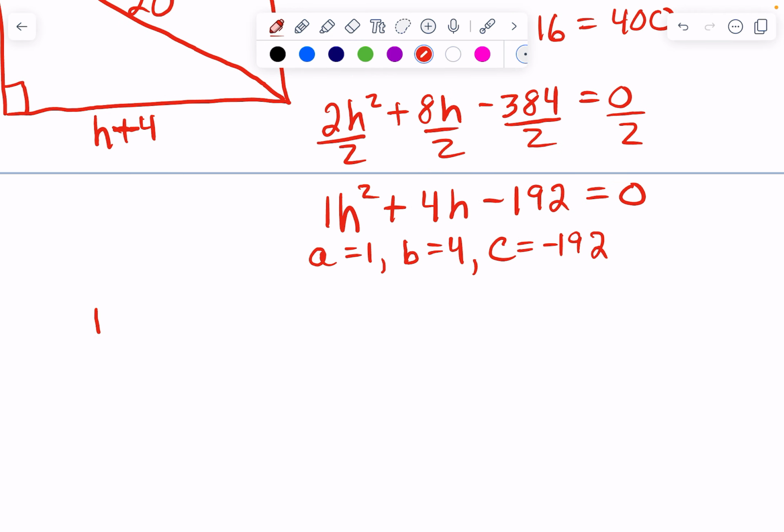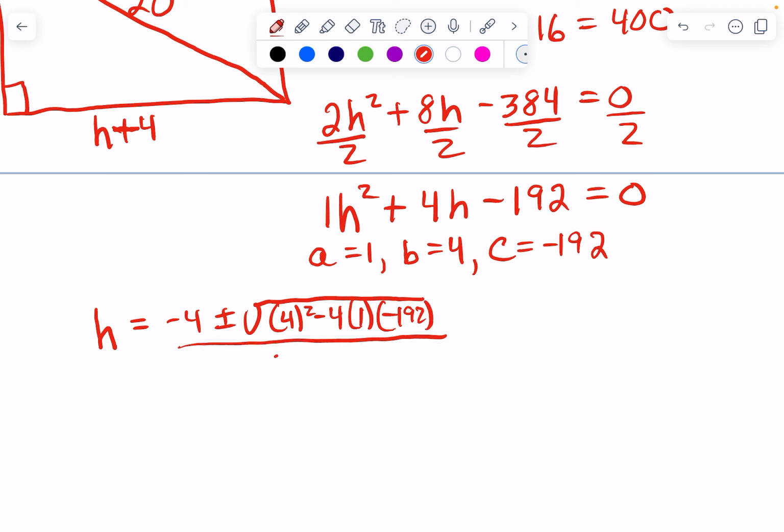So h, which is what I'm looking for, the actual height, equals negative b plus or minus the square root of b squared minus 4 times a times c, over 2a. So h is going to equal negative 4 plus or minus the square root of 4 squared minus 4 times 1 times negative 192.